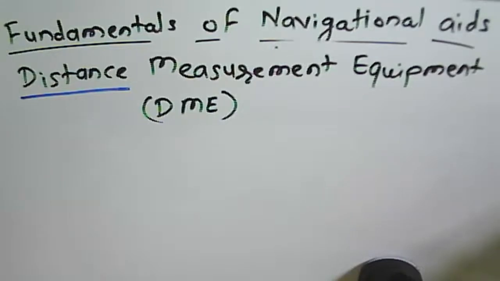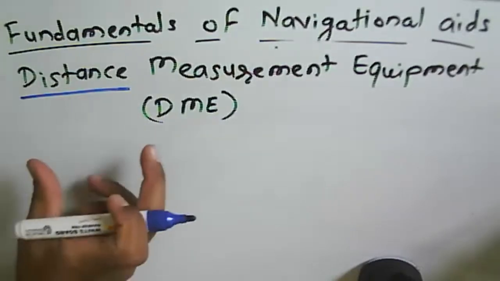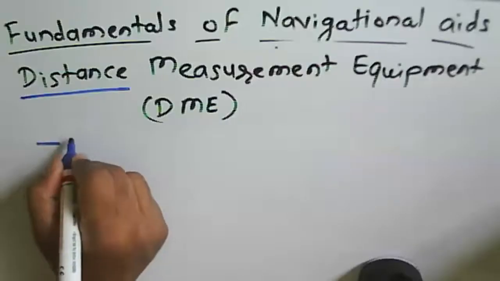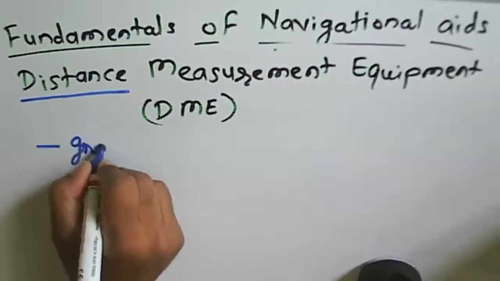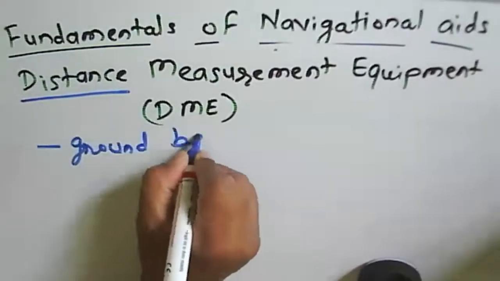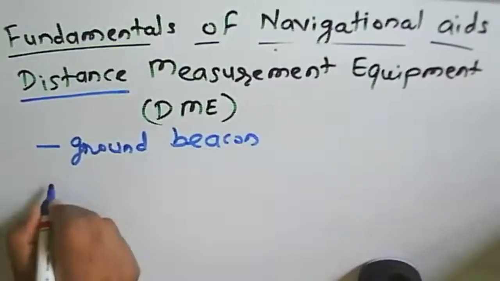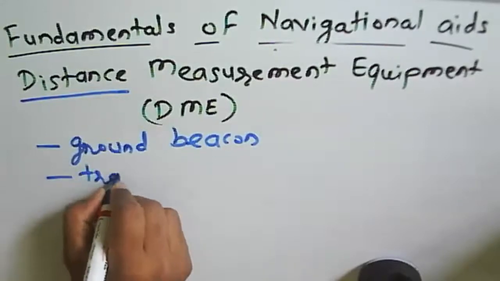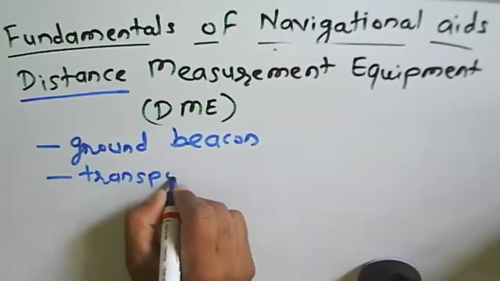That's why a distance measurement equipment consists of a ground beacon, which is one particular signal, then a transponder at the ground system.